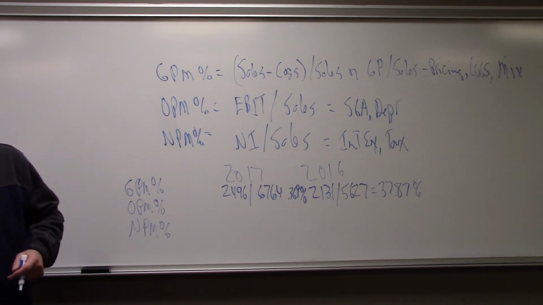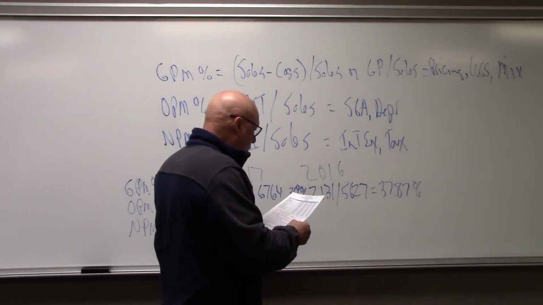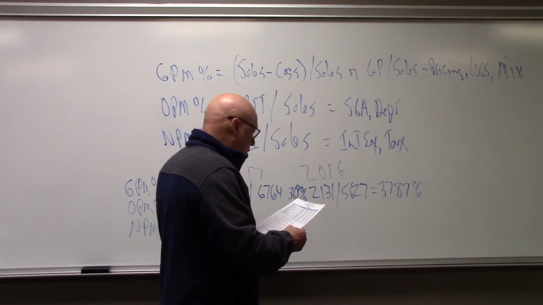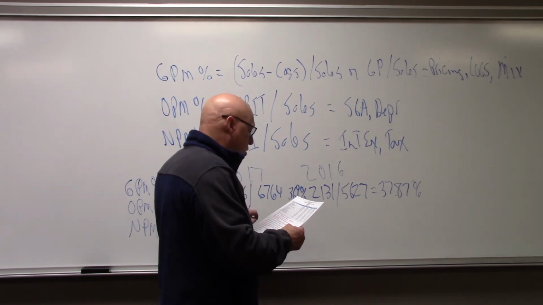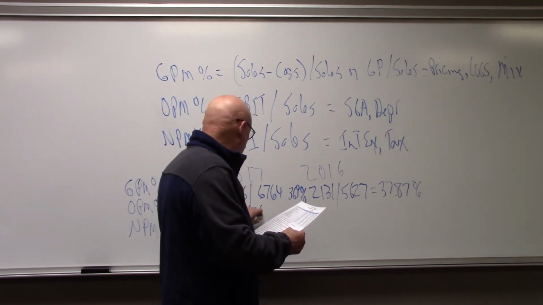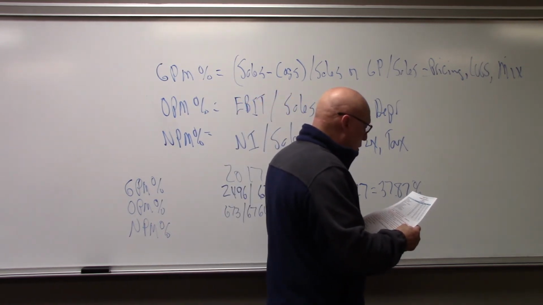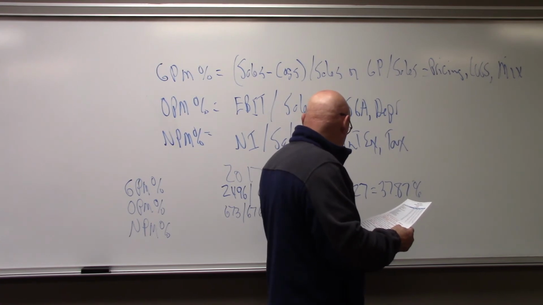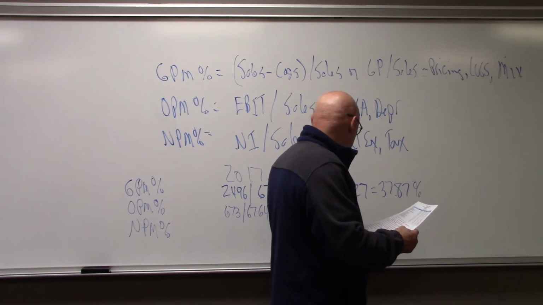All right, let's do operating profit margin. So that's going to be EBIT, 673. Again, I'm rounding just slightly, divided by 67.64. And it is 559 divided by 56.27.